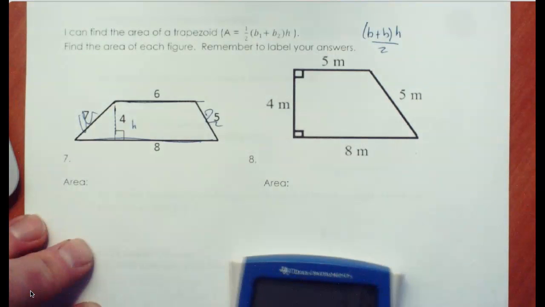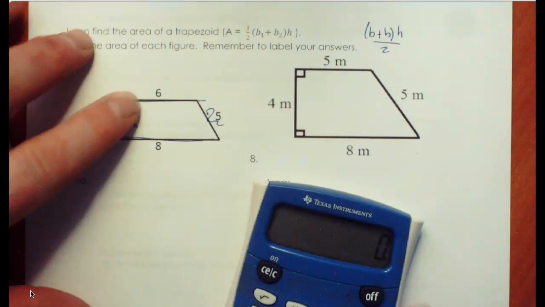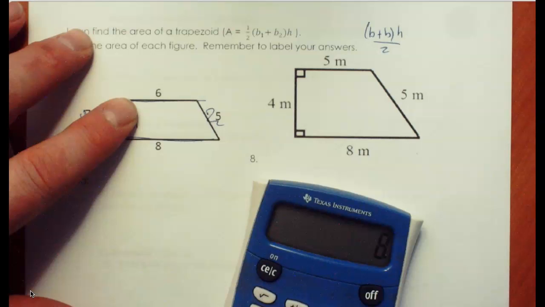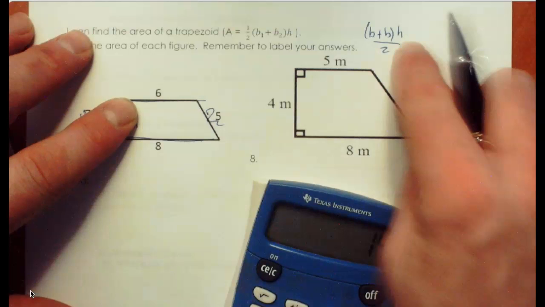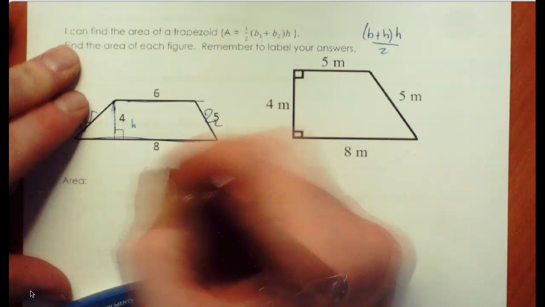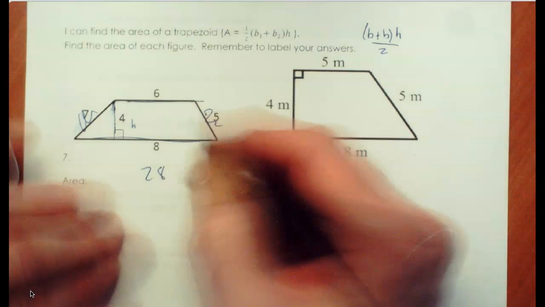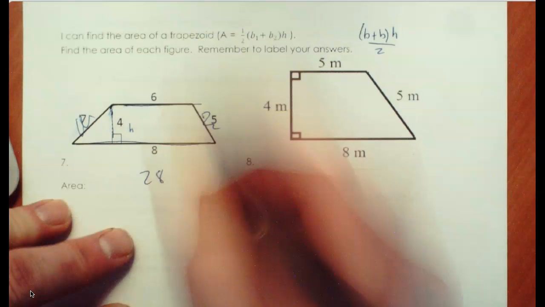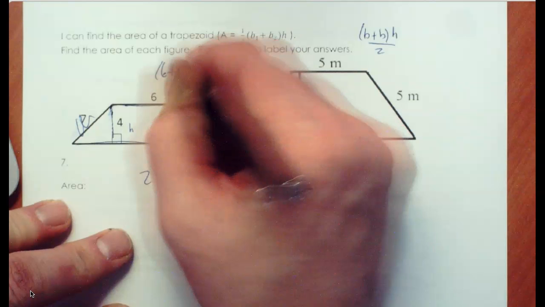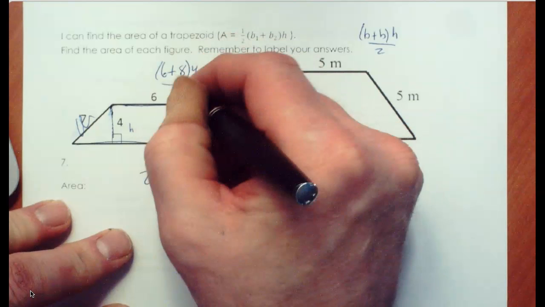So let's do it. Base plus base, so 6 plus 8, times the height, which is 4, and then divide the whole mess by 2. We got 28. Let me write down what I put in there. I did base plus base times the height, and then divided by 2.